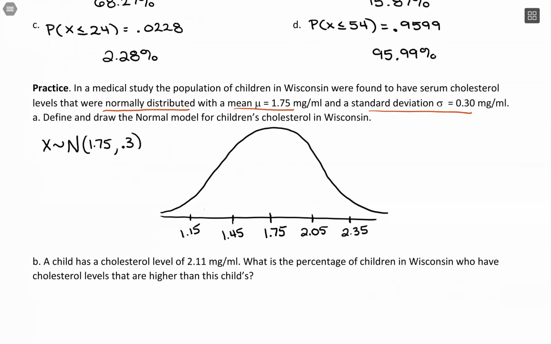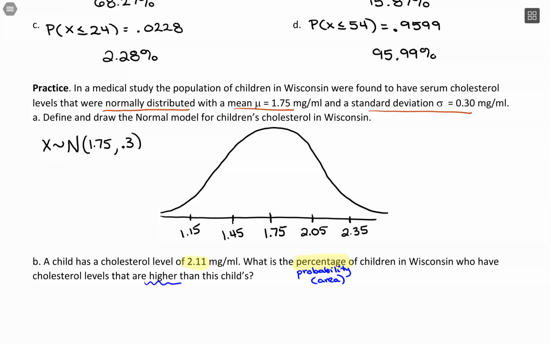So in part B, we have a child has a cholesterol level of 2.11, and we want to see what is the percentage. So again, if they ask you a question about percentage or probability, you're thinking about finding area under the curve. So we want to find area under the curve who have cholesterol levels that are higher.